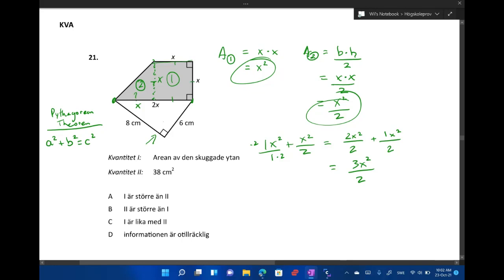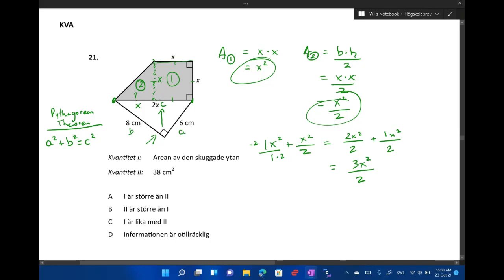There's a special side of this right triangle across from the 90-degree angle. That's called the hypotenuse. It's always the longest side of the triangle. In this case, our C is 2x. It doesn't matter which side is A and which side is B. Let's just call this A, call this B.